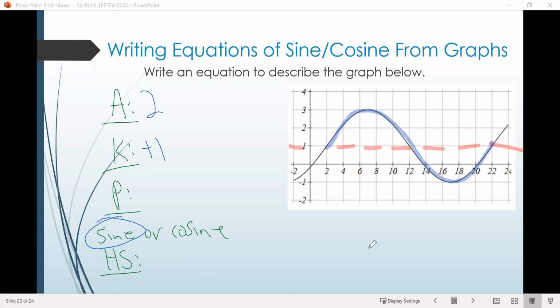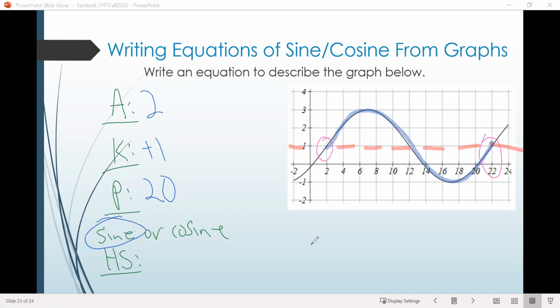Okay, so now that I know it's the sine function, I can look at the period covered by that single wave, and it looks like it goes from a value of 2 to 22, which is a total of 20 units. So we see that our period is 20. And then the horizontal shift will come from where I chose my starting point to be, which should be right here.